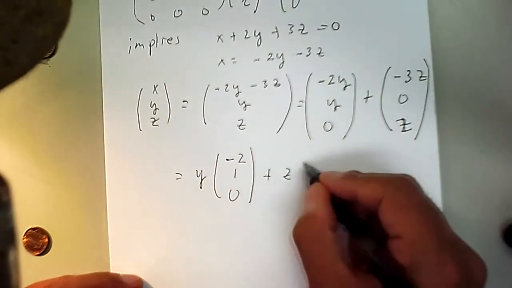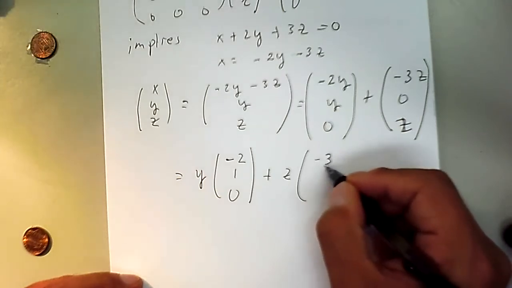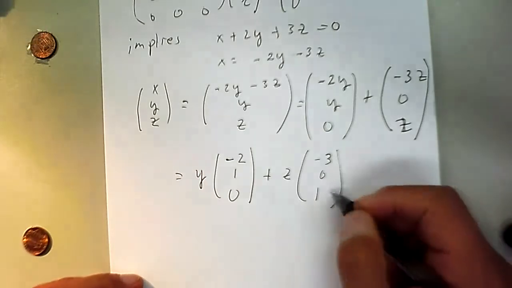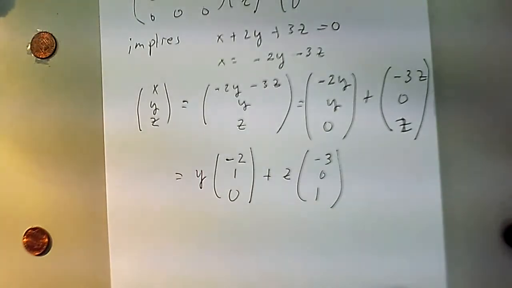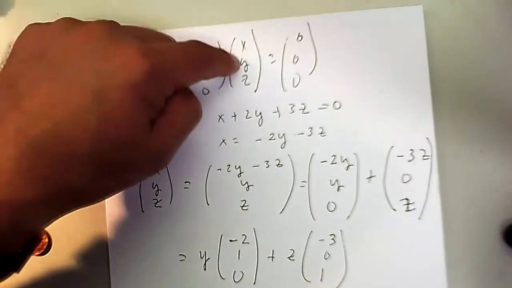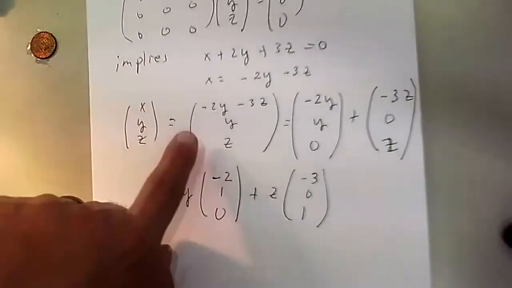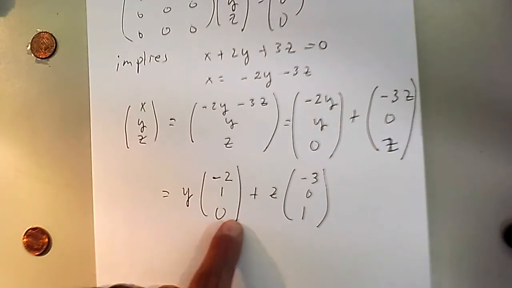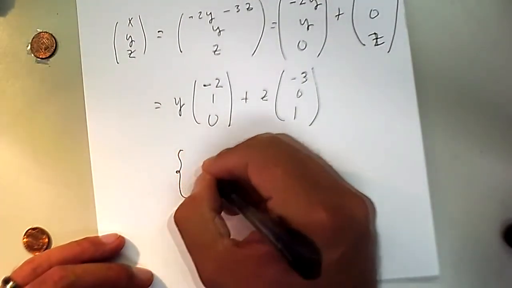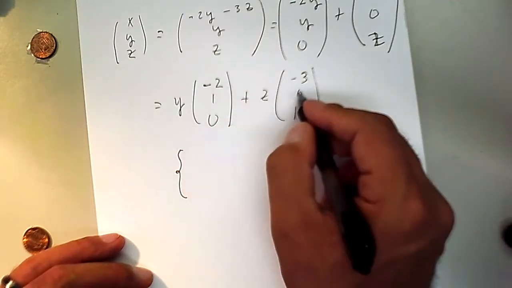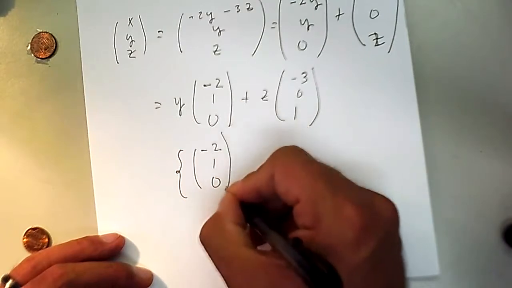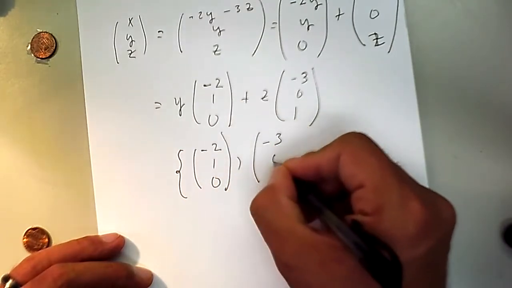Factor out the z, and we have negative 3, 0, 1. So every x, y, z that causes this product to be 0 has to be written in this form, which tells us that the basis for the null space contains the elements negative 2, 1, 0, and negative 3, 0, 1.